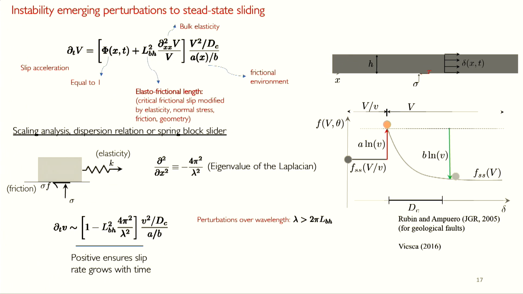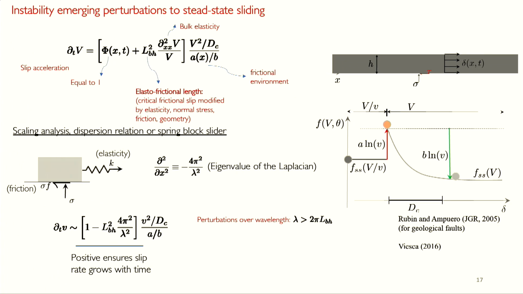So the acceleration looks like that, and we want to know under what condition the sliding rate can become faster or slower. So what we do is go for a simple dispersion relation, or stability analysis, or scaling analysis, which goes by different names. We substitute the corresponding eigenvalue of this operator, making the whole extended body shrink to just a spring block, and this is the dominant wavelength.